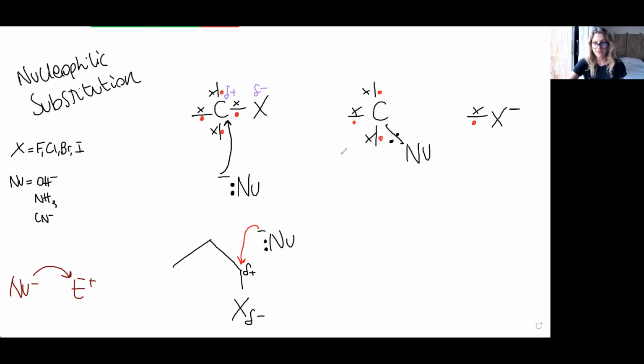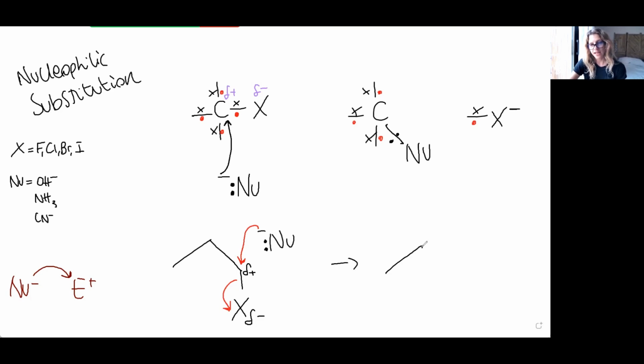But as we've seen, and hopefully you can now picture it in your mind, in this movement of electrons, one bond must break at the same time. Otherwise, carbon would have too many electrons, and we know that does not occur. That's why this mechanism is a one-step mechanism where a bond is formed and at the same time a bond is broken.